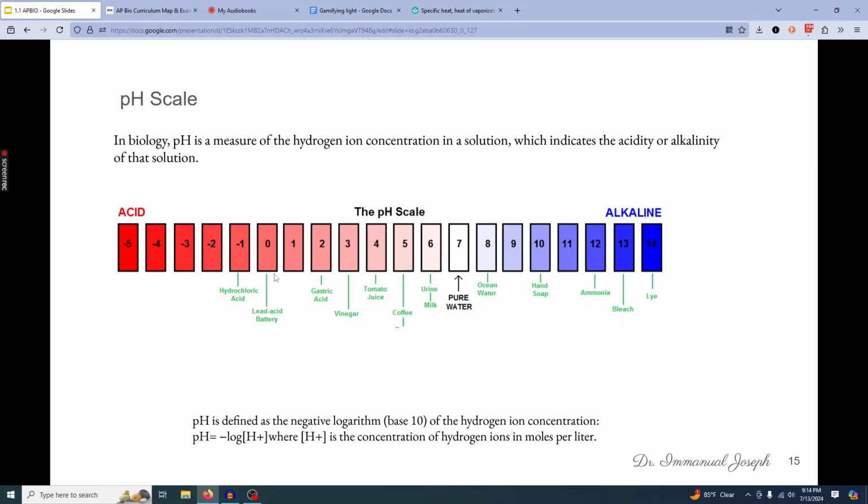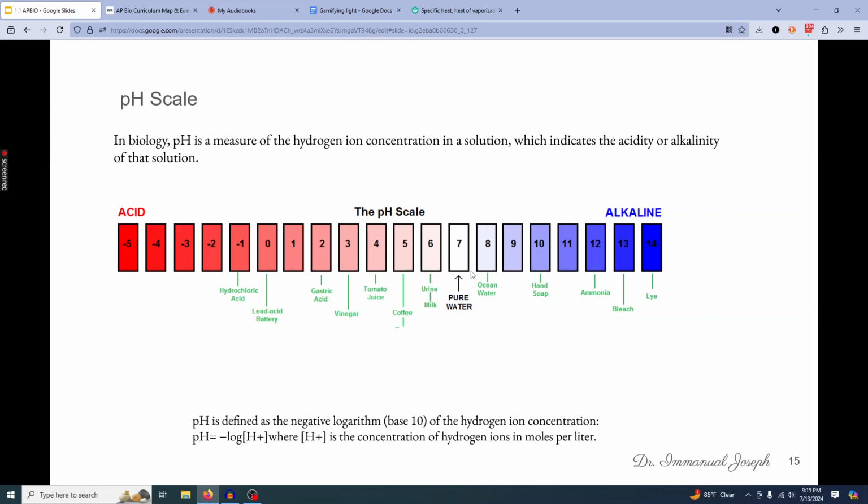So the standard pH scale is between 1 and 14, and smack in the middle, a pH of 7 is considered neutral. So pure water would be a pH of 7. Our blood is slightly alkaline. It's 7.35, I think, somewhere around 7.3 to 7.35.